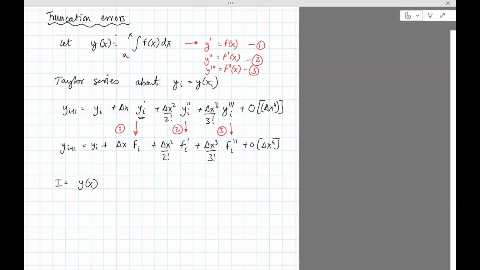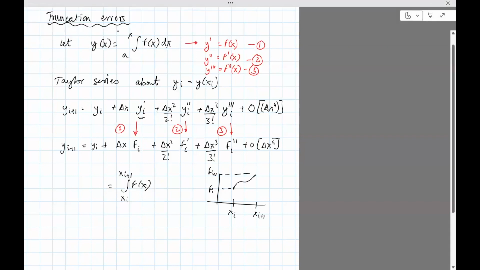So to compute the integral, you find the integral from xi to xi plus 1, which is going to be yi plus 1 minus yi.